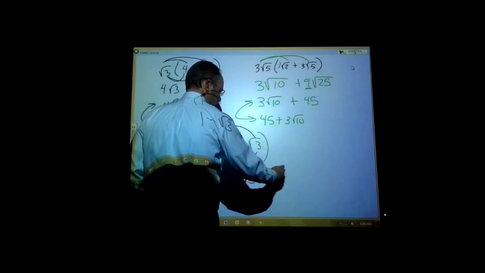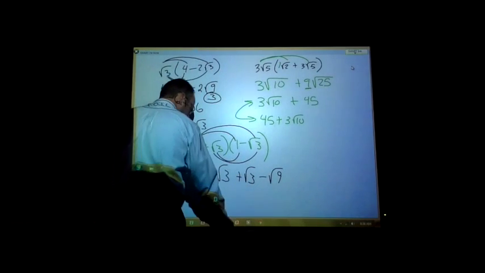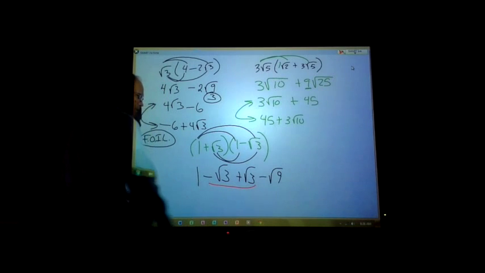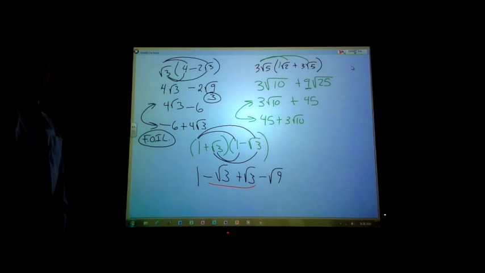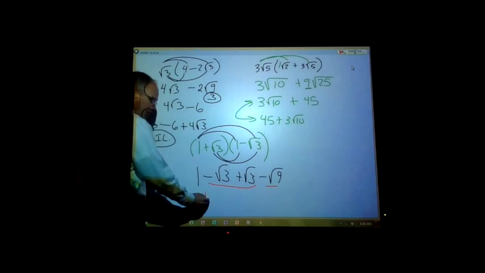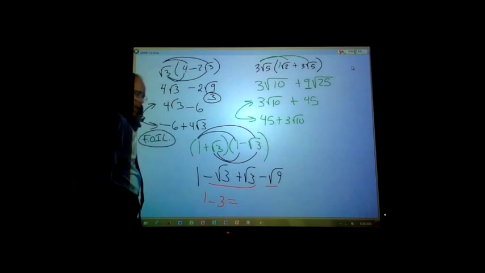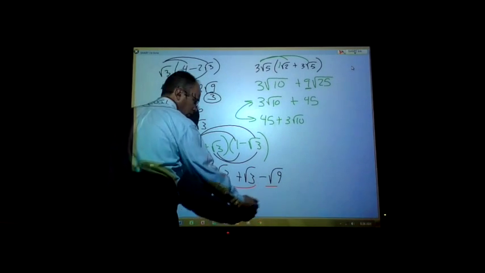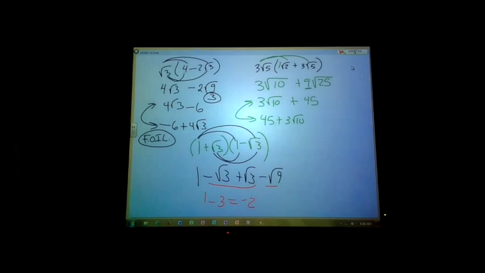Good. Let's see. These are opposite terms. Do you agree? So they cancel each other out. So I get 1 minus 3. Answer is 2. There's no radicals there.